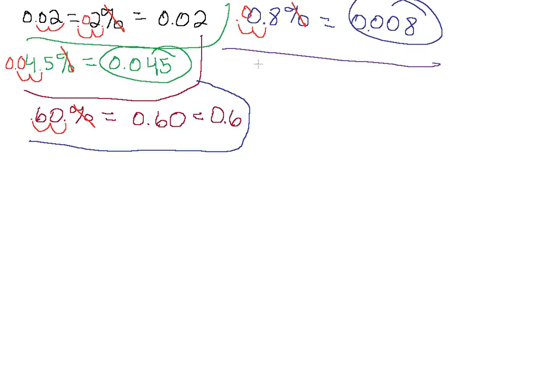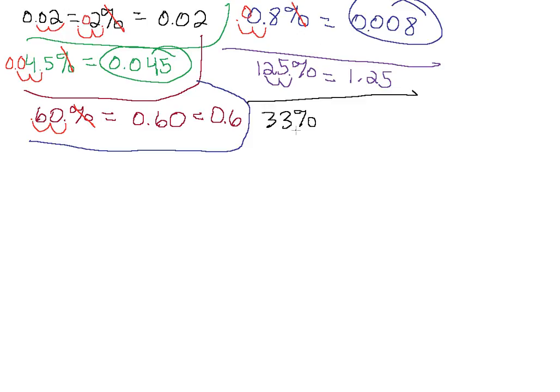Let's say we have 125%. This is a whole number, so our decimal is right here. We move it 2 spots to the left, and we drop our percent sign. So we have 1.25. Let's take a look at one more. Let's say we have 33%.